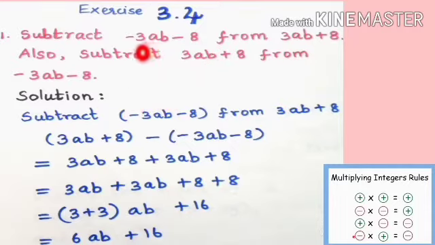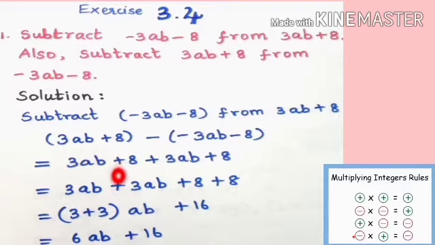First subtract minus 3ab minus 8 from 3ab plus 8. That is, here 3ab plus 8 minus of minus 3ab minus 8. So in the next step, by using the multiplication of integer rules, the product of two negative integers is always a positive integer. That is, the product of two negative signs results in a positive sign.